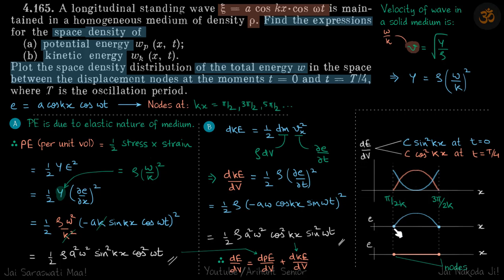So here the kinetic energy is 0, but all the particles have maximum potential energy. And here the potential energy is 0 and all the particles have maximum kinetic energy. However, these points can never have any kinetic energy, and these points can never have any potential energy.